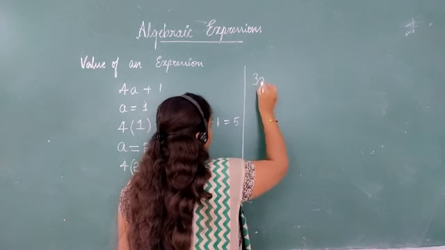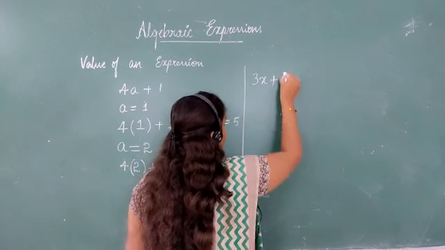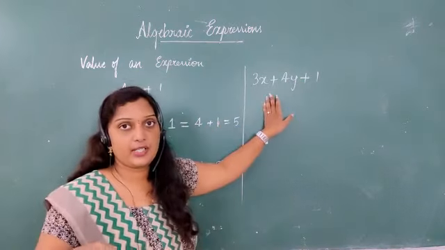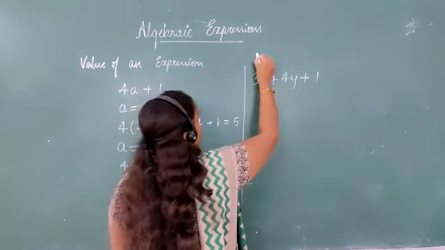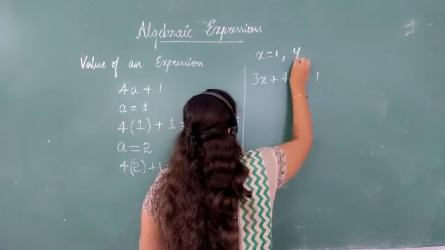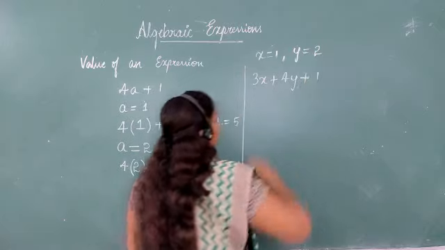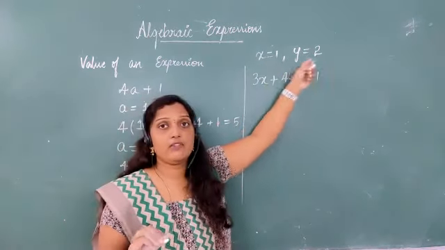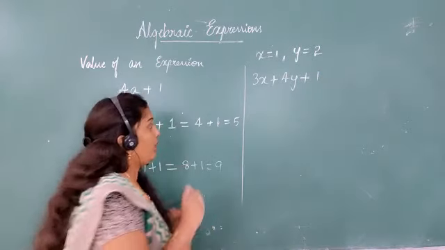Find the value of this expression 3x plus 4y plus 1, if x is equal to 1 and y is equal to 2. How to find it?